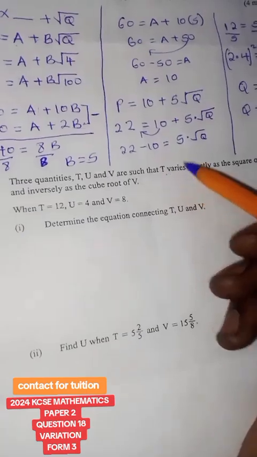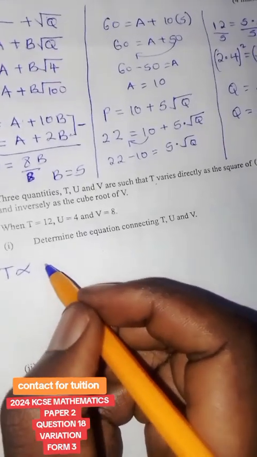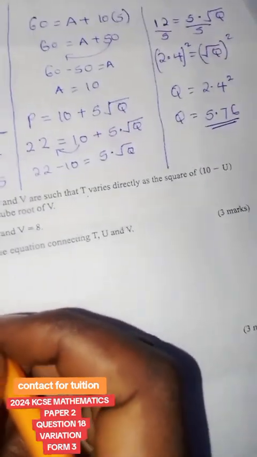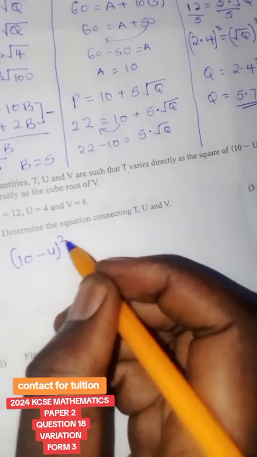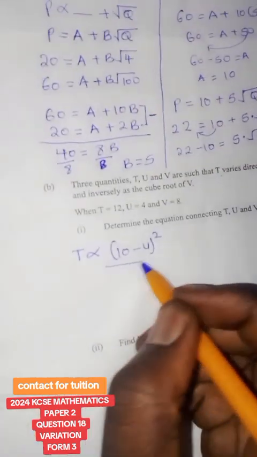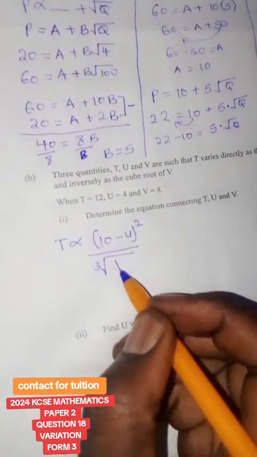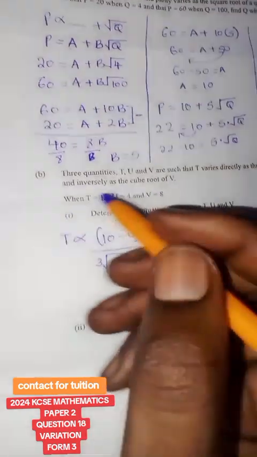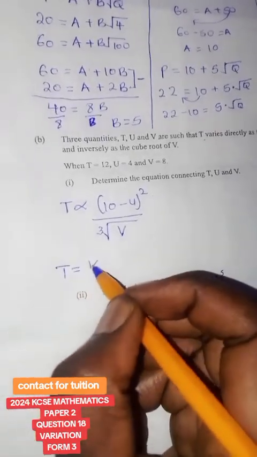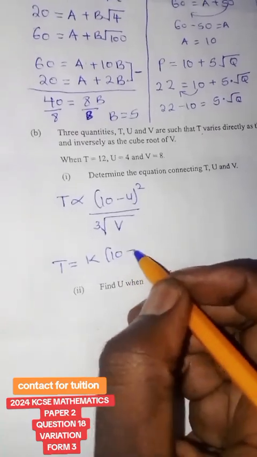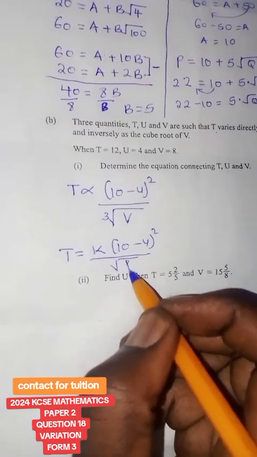T varies directly as the square of 10 minus U, and inversely as the cube root of V. So let us form the equation: T is equal to, you introduce a constant K, 10 minus U squared over the cube root of V.